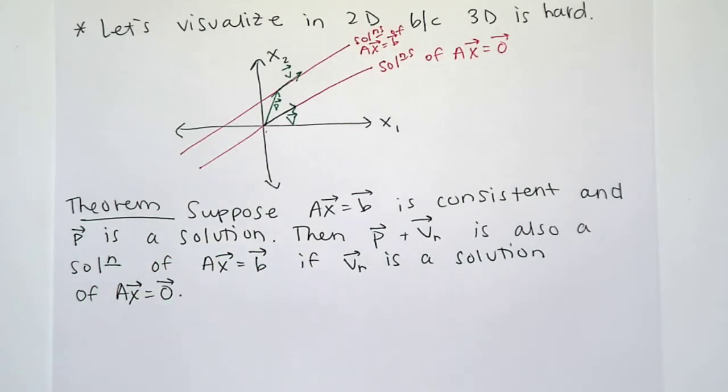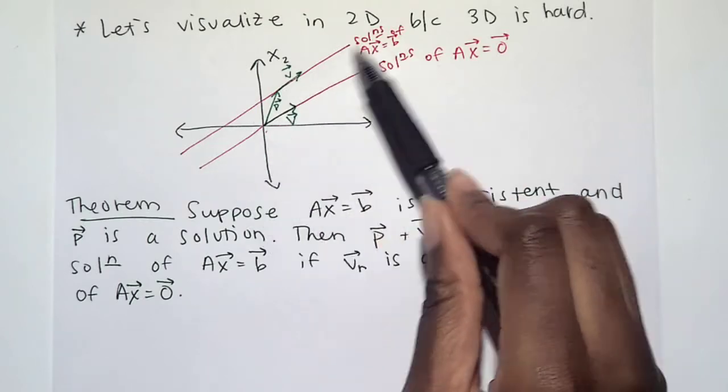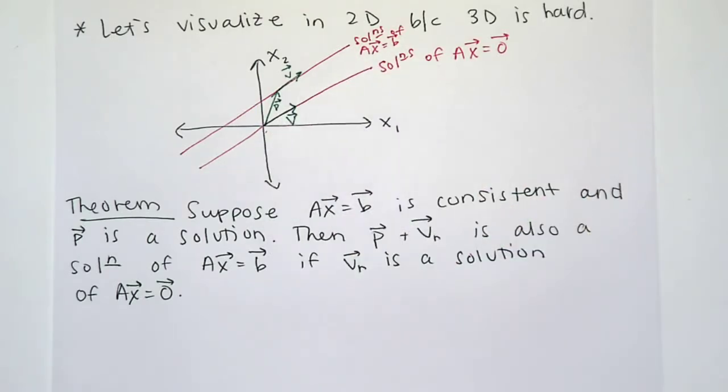All right, and so that's exactly what we saw before. This P is going to be a solution of AX equals B. However, if we add them together, it's also going to be a solution, only because this V is a solution of the homogeneous system, and it's always going to be true.